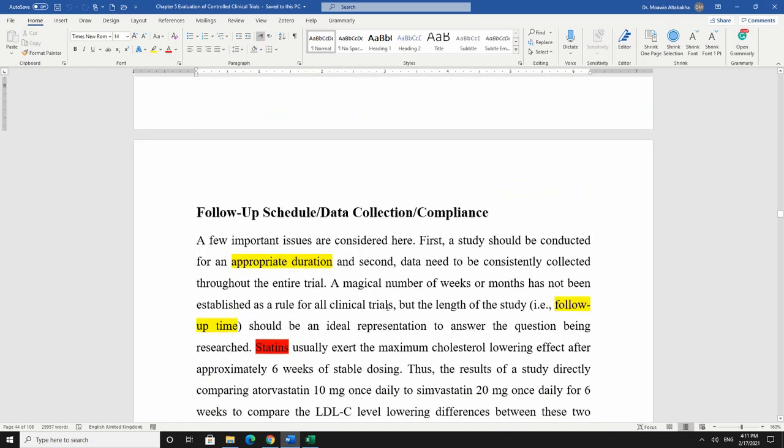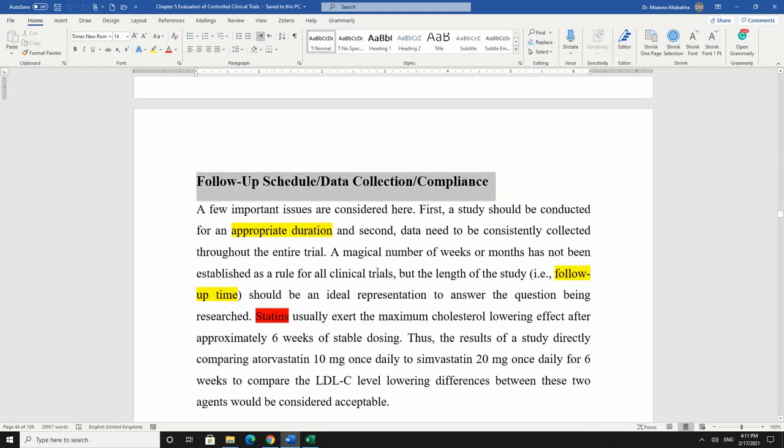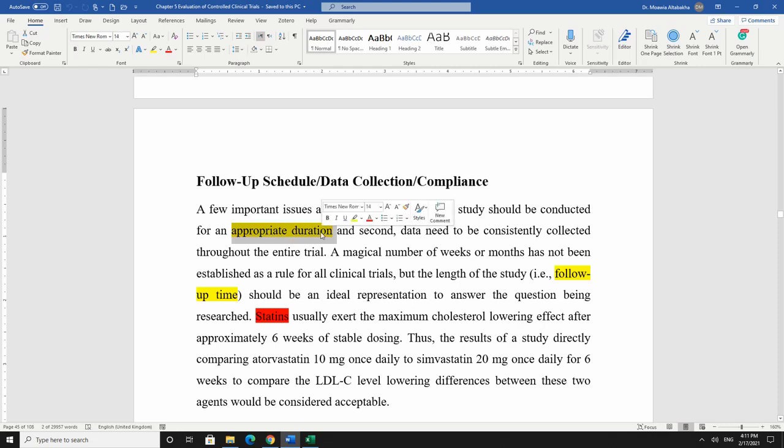Okay, what about follow-up? And when I say follow-up, it means the duration of the trial. Is there like a magical number? All trials should be between 4 weeks to 8 weeks? No, there is no such thing. It depends on the aim, on the goal of the study, okay, and the events that are occurring.